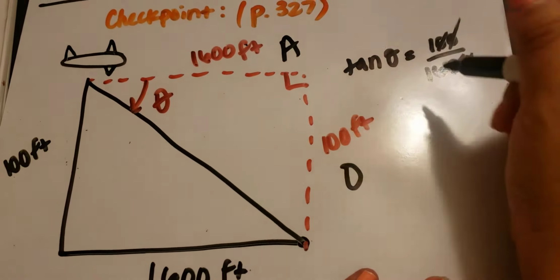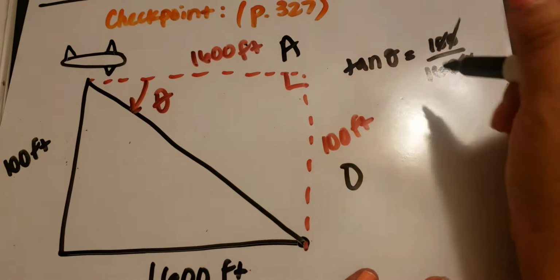If you don't want to simplify it, that's fine. I just decided I wanted to simplify it. But now you're going to be using the inverse because we're solving for an angle. And so again, you're just going to be using your calculator. So second and then tangent, and then I could just leave it as a fraction, 1 over 16.